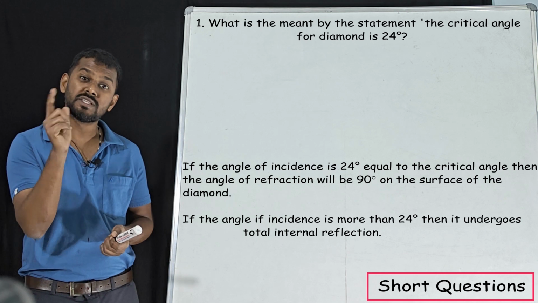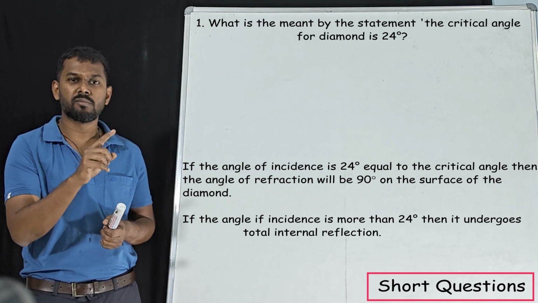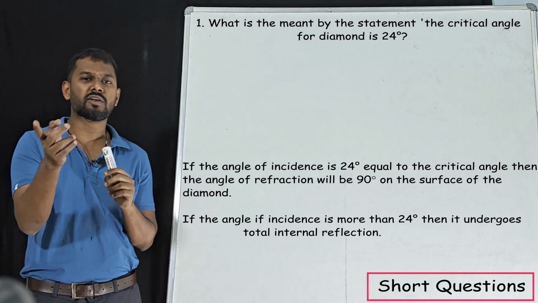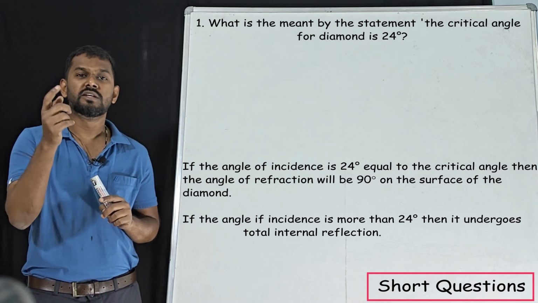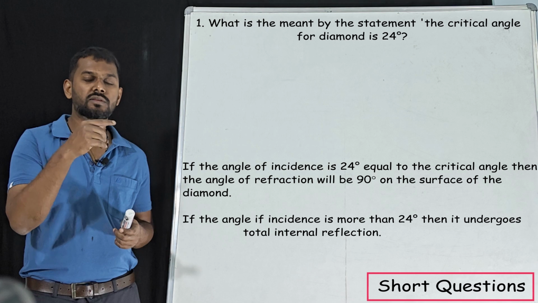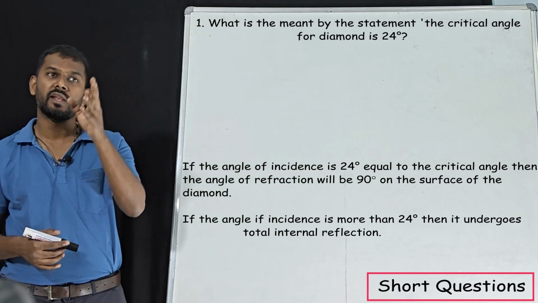Whenever light toggles inside a medium, that toggling is nothing but total internal reflection inside the object only. It will get reflected, and because of that reflection we feel it as shininess, and it will sparkle. The light gets reflected inside the object. That is how we get sparkling in a diamond.